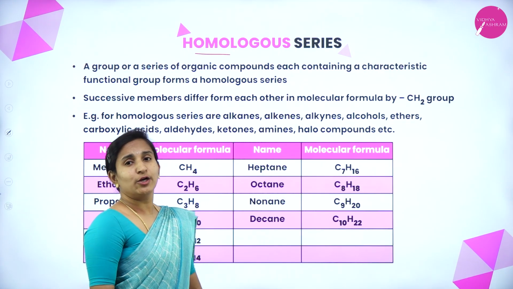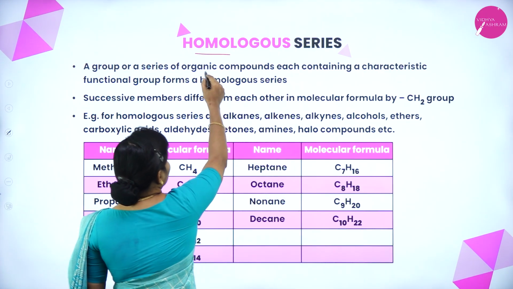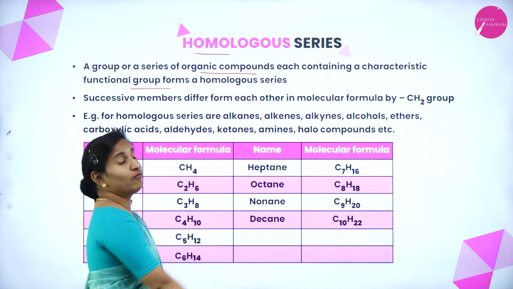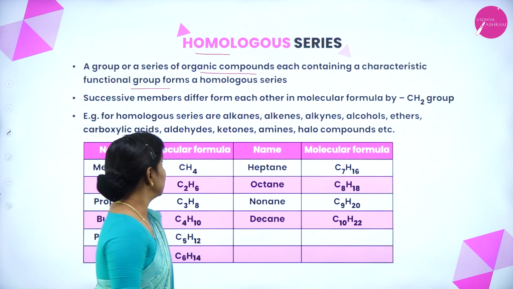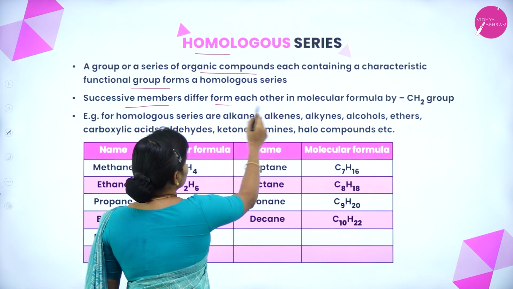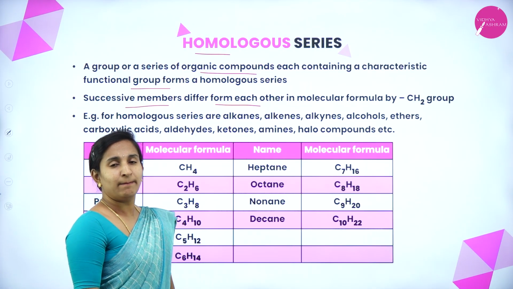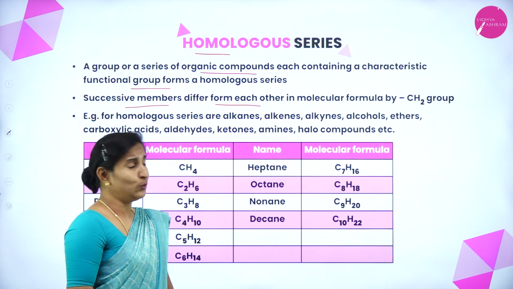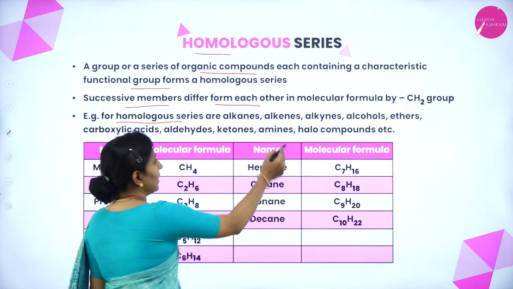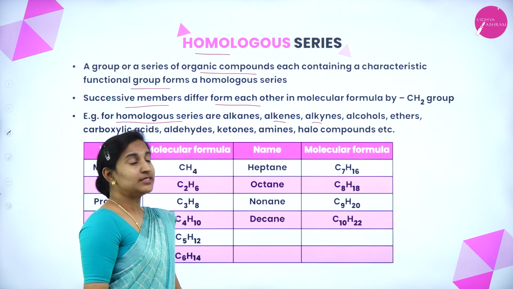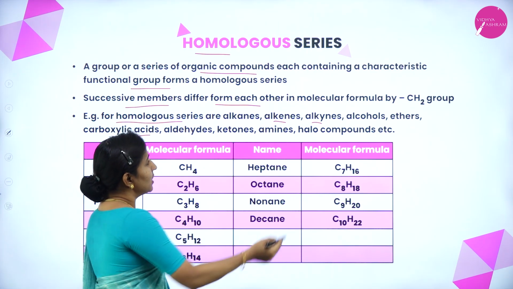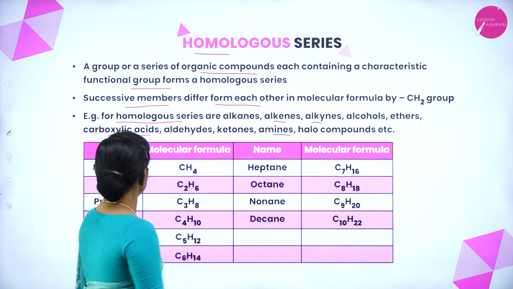Homologous series: a group or series of compounds, each containing a characteristic functional group, forms a homologous series. The successive members differ from each other in molecular formula by a CH2 group. For example, homologous series of alkanes, alkenes, alkynes, alcohols, ethers, carboxylic acids, aldehydes, ketones, amines and halo compounds.